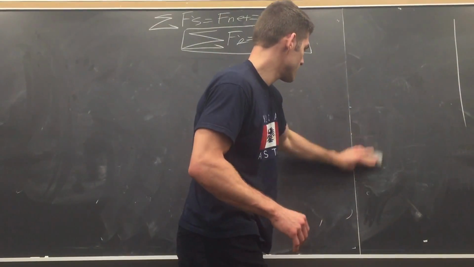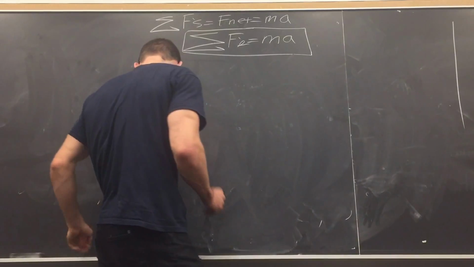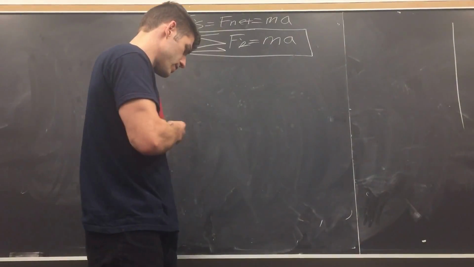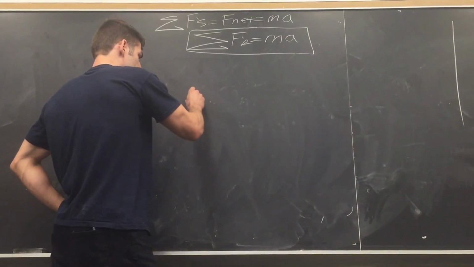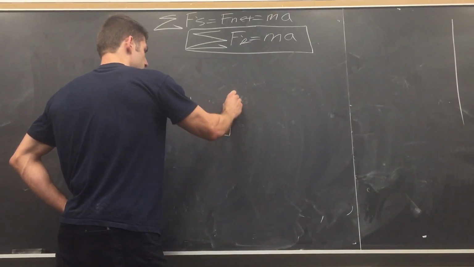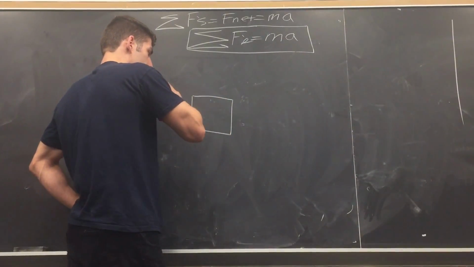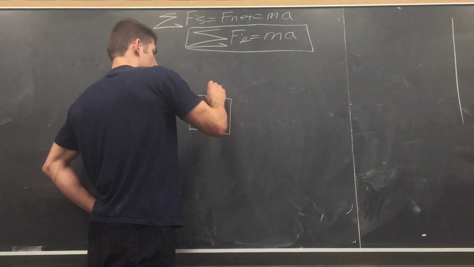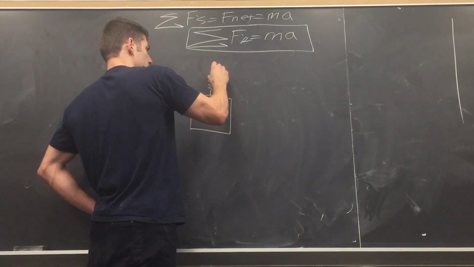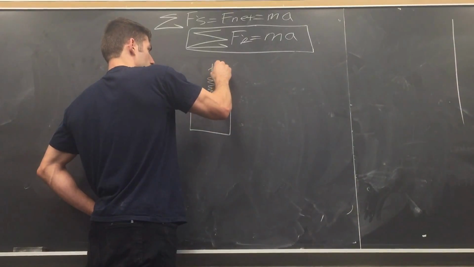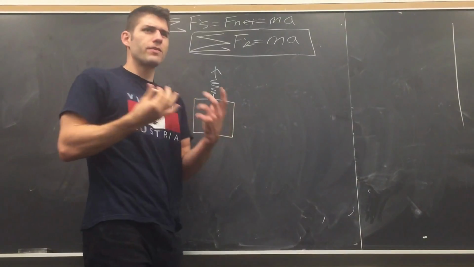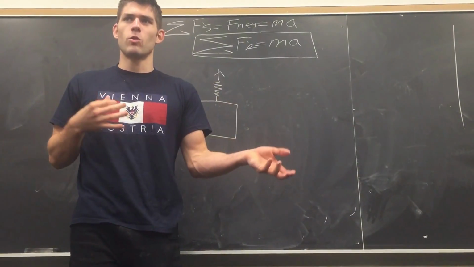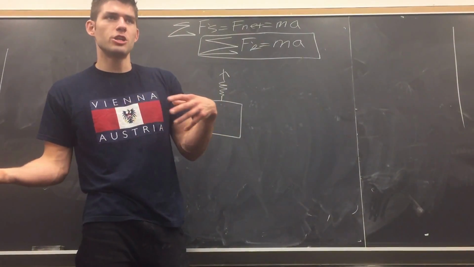I'm trying to think what was the next problem I had in my head. An elevator problem. So if we have an elevator, it's got a cord that pulls it up, like a cable. Cable pulls it up. Often if there's a cable, sometimes they'll call it force normal, but a lot of times they'll call it tension.